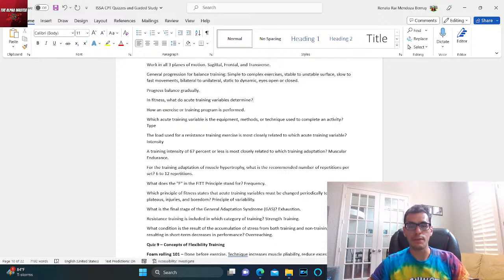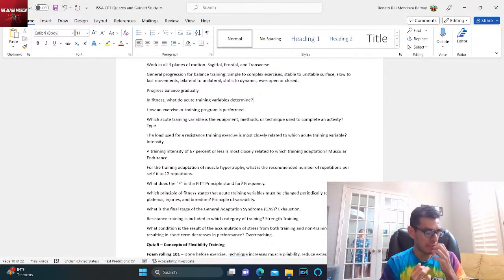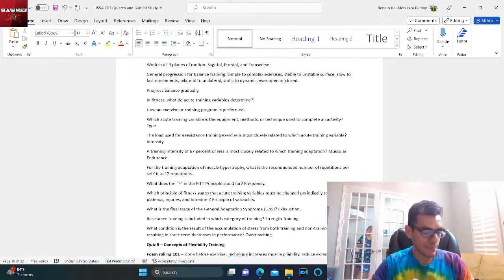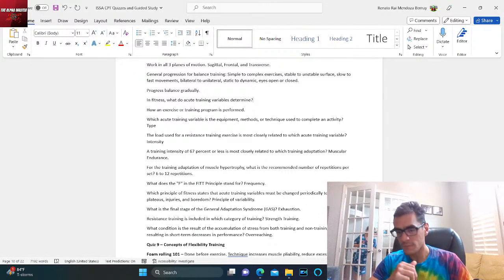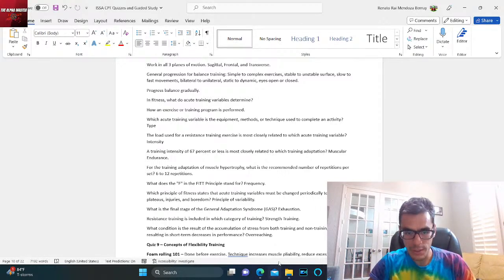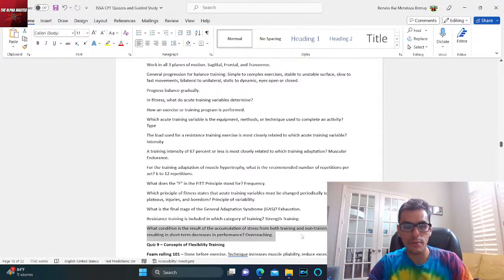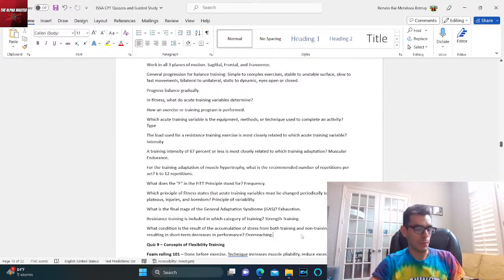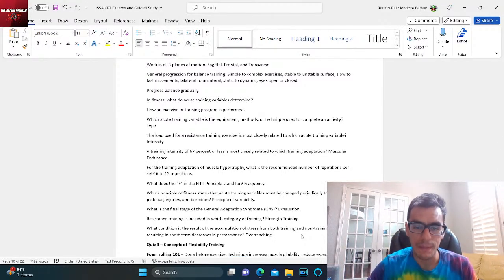And finally, the condition resulting from the accumulation of stress from both training and non-training activities, resulting in short-term decreases in performance capacity, is going to be overreaching.